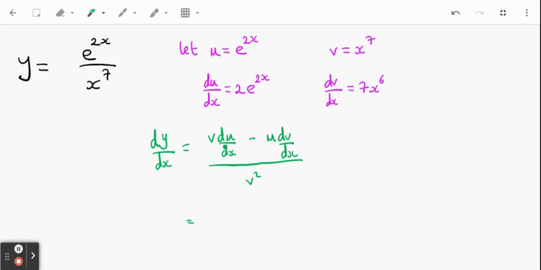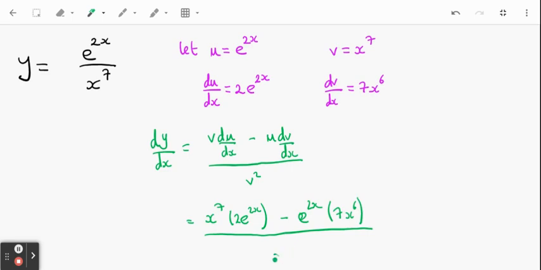Okay, and that becomes, well, v is x to the power of 7, multiplied by du dx, which is 2e to the 2x, and then take away u by dv dx, so that's e to the power of 2x, multiplied by dv dx, which is 7x to the power of 6, and that's all divided by v squared, which is x to the power of 7 squared.